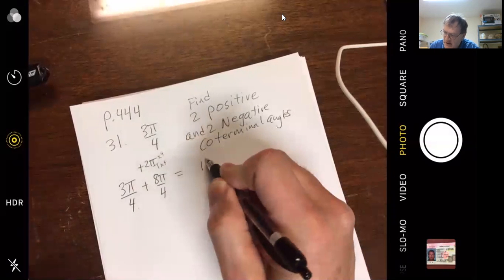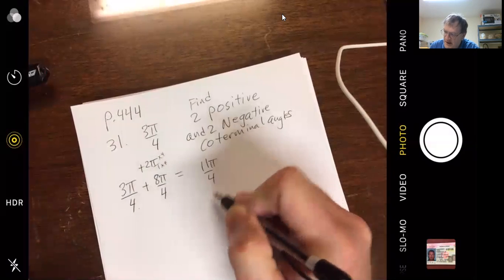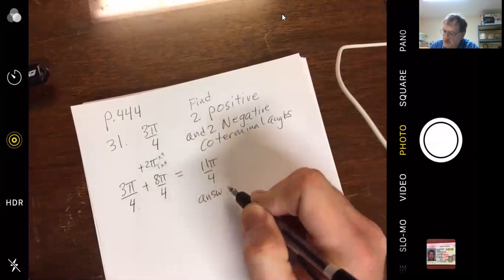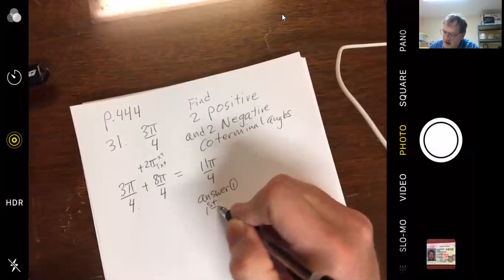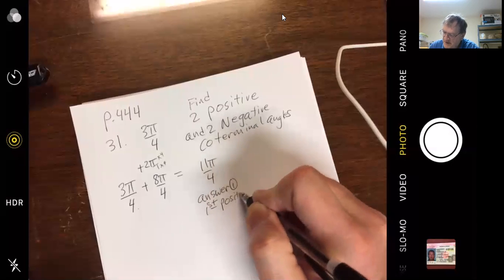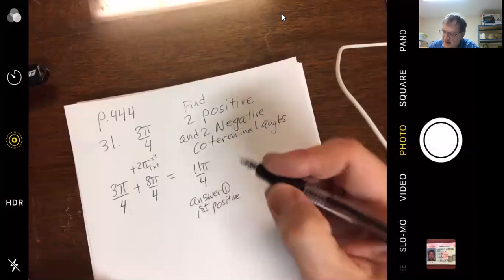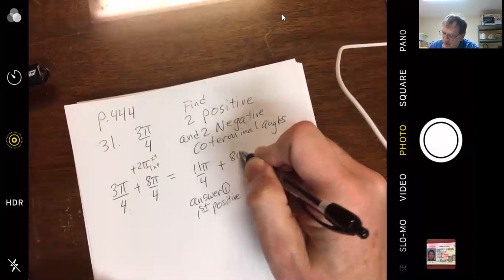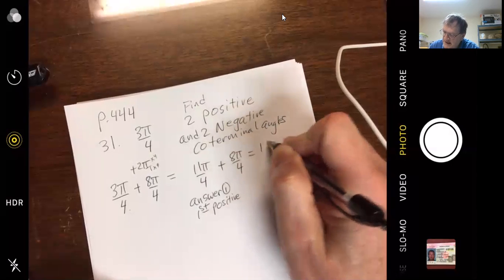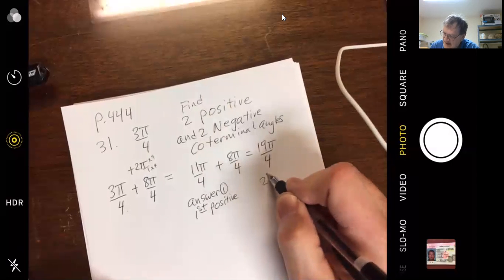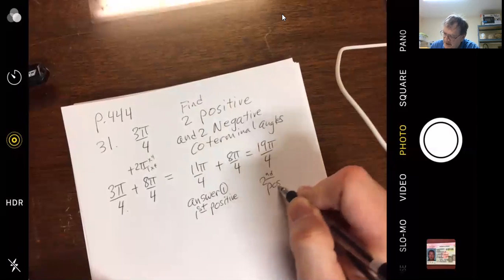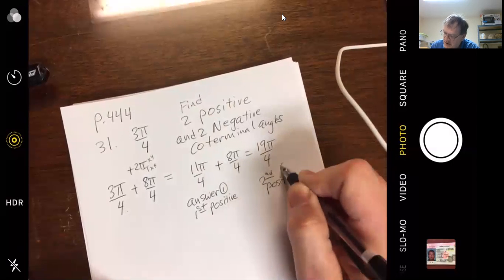All right, so 11 pi over 4, we'll call that answer 1, first positive. Same thing again, plus 8 pi over 4, and you'd be at 19 pi over 4. Second positive. Answer 2, if you want to call that.